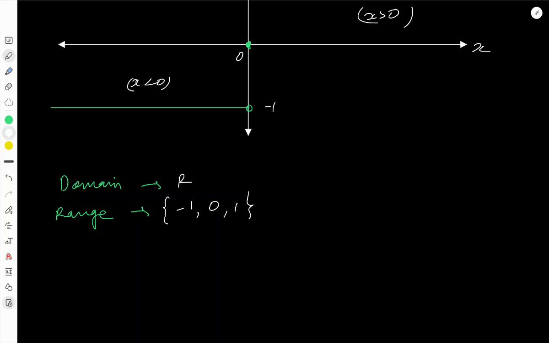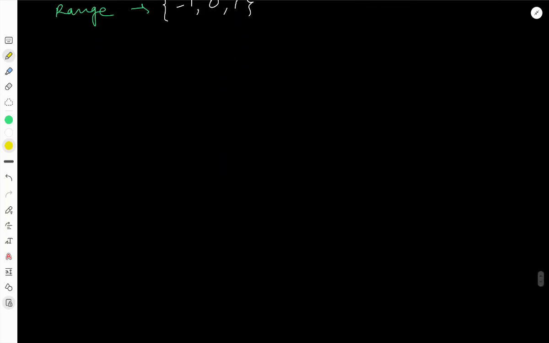So with that we have completed some important types of functions, and now let us discuss two more types of functions, or three more types to say, and after that we will complete our chapter.